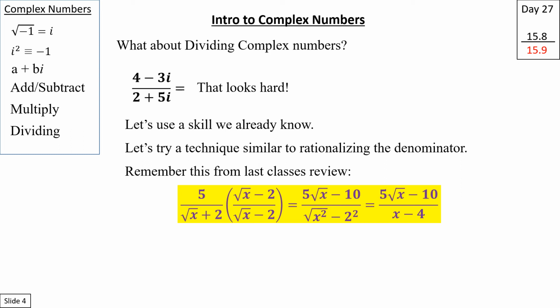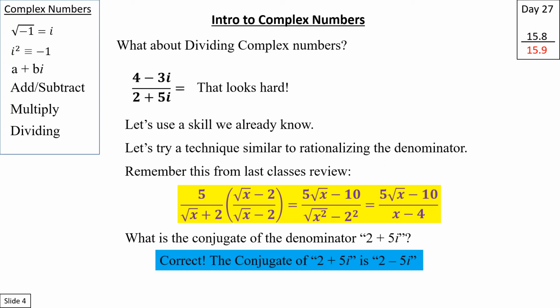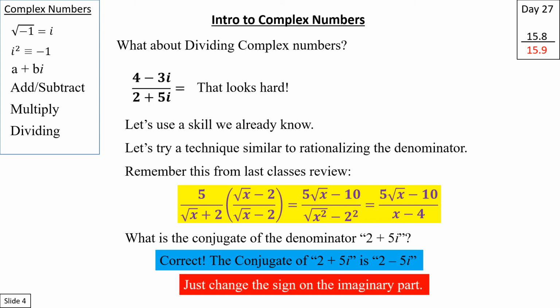Then we just have to do the top. So we use the same technique. So the conjugate of the denominator 2 plus 5i would be 2 minus 5i. All we're doing is changing the sign on the imaginary part.